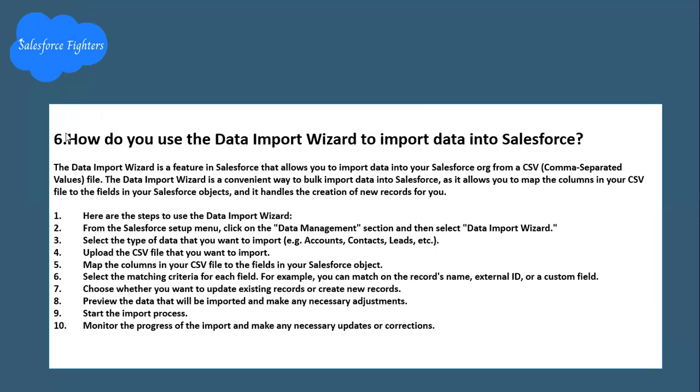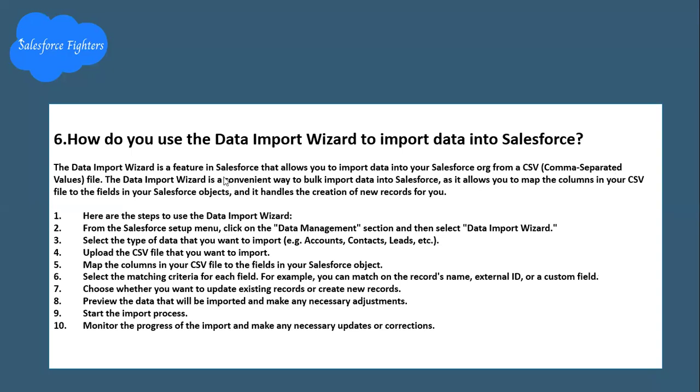Next, how do you use the Data Import Wizard to import data into Salesforce? The Data Import Wizard is a feature in Salesforce that allows you to import data into your Salesforce org from CSV, comma-separated value, files.